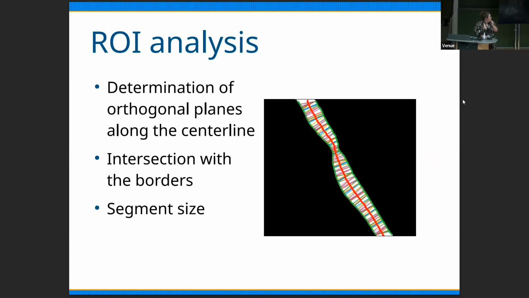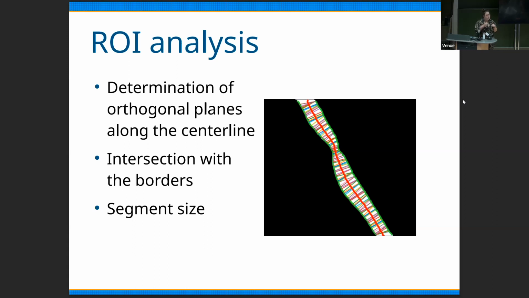Once we have this, we need to determine the orthogonal planes along the lesion. These orthogonal directions are estimated using the neighboring pixels in the line, and then we compute the intersections to get the segment size.